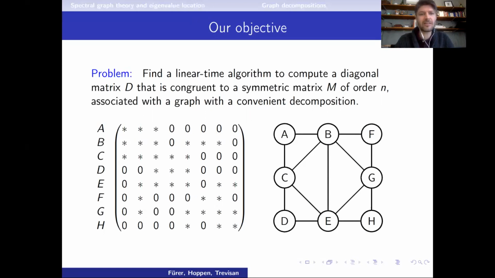We have the non-zero positions marked, and we create a graph where the vertices are indexed by the rows and columns, and each vertex A is adjacent to vertex B if the entry AB, and of course BA, in the matrix is non-zero. We ignore the diagonal, so there are no loops.